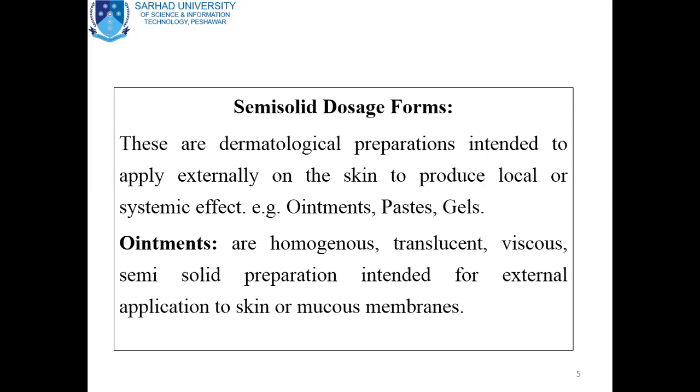The aim of this external application to the skin or mucous membrane is to produce a local effect, to achieve locally therapeutic efficacy, or a systemic effect. For example, ointments, paste, gels. These are examples of semi-solid dosage form. Now let's discuss what an ointment is.